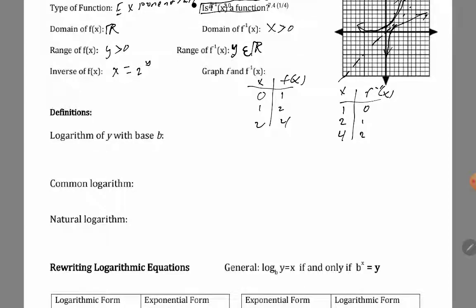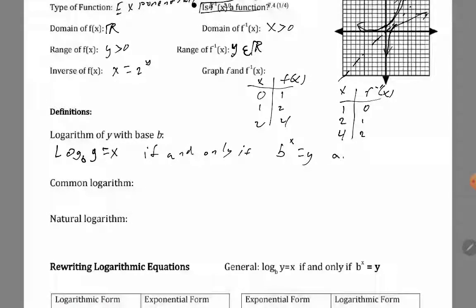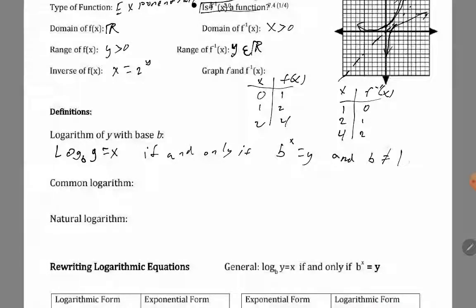Logarithm of y with base b. So this new thing is called log with base b, and then of y equals x, if and only if b to the x equals y, and b cannot equal 1.